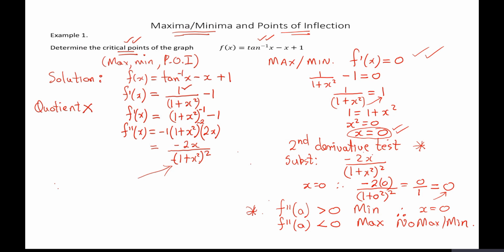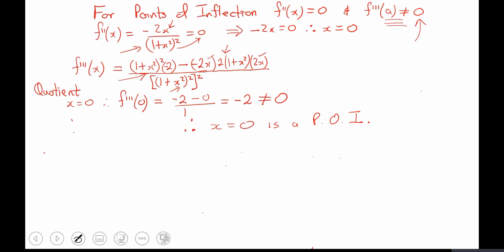In the first case, to establish whether it's a maximum or minimum, in our case, we find that there's no maxima or minimum. And in the second example, to find the points of inflection, we use the third derivative test. And if that third derivative at a particular point gives me an answer which is not 0, then it is a point of inflection.